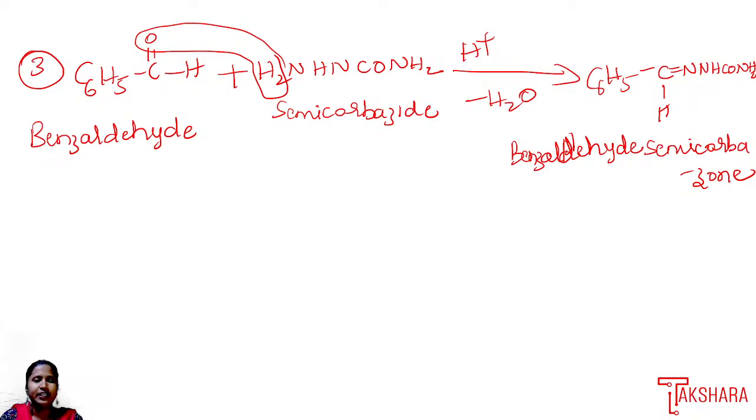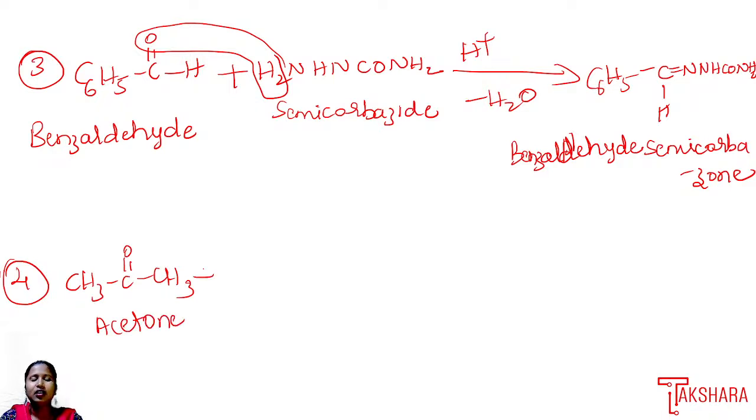Next, let us consider one more example. Instead of benzaldehyde, let us take a ketone example. Acetone, CH3 C double bond O CH3, is called acetone. When acetone is treated with semi-carbazide such as NH2 NH C double bond O NH2, the reaction occurs in the presence of an acidic medium, H+.